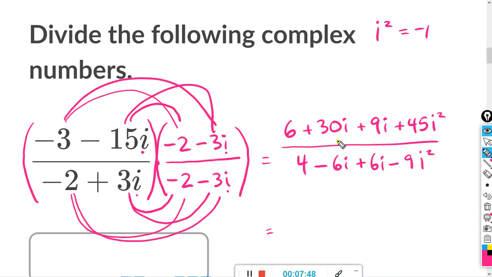Okay, so combining 30i plus 9i, that's going to be 39i. And we said i squared is -1, so 45 times -1 is going to be -45. Now on the bottom, -6i plus 6i drops out. We said i squared is -1, so -9 times -1 is +9.